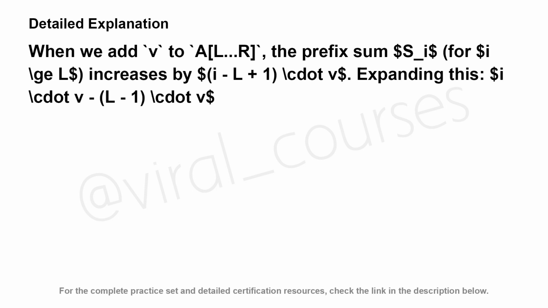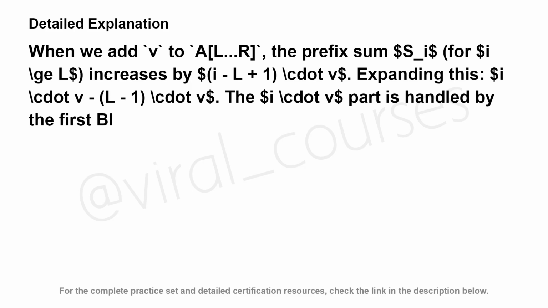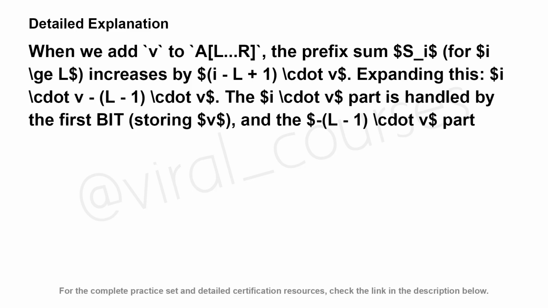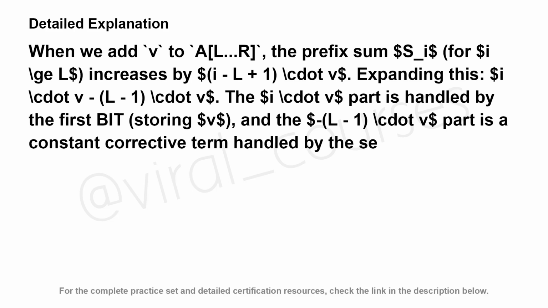Expanding this, it is i * v - (L - 1) * v. The i * v part is handled by the first BIT, storing v, and the (L - 1) * v part is a constant corrective term handled by the second BIT.